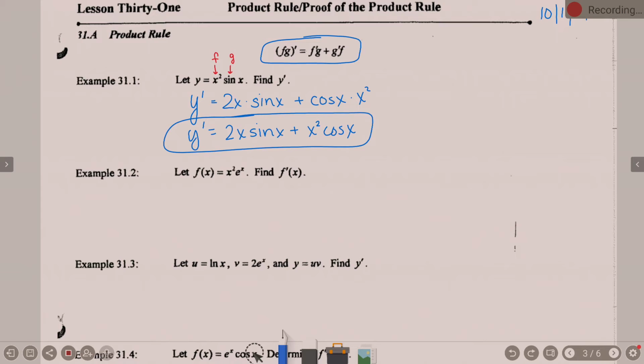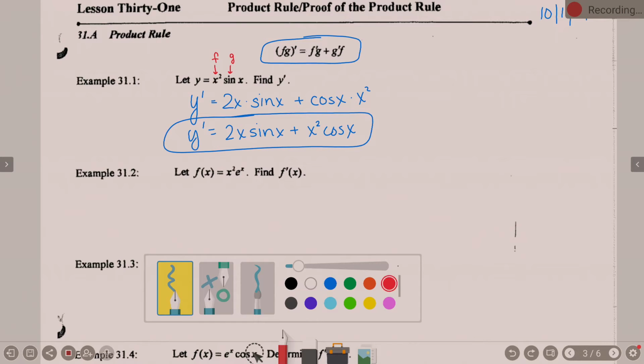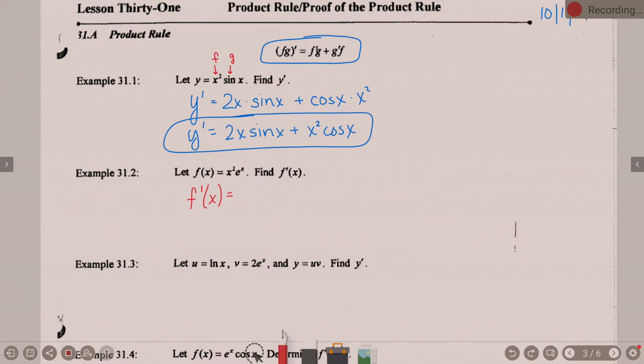Okay, we're going to try example 2 then. F of x equals x squared e to the x, and we're trying to find f prime of x. So f is x squared and g is e to the x.